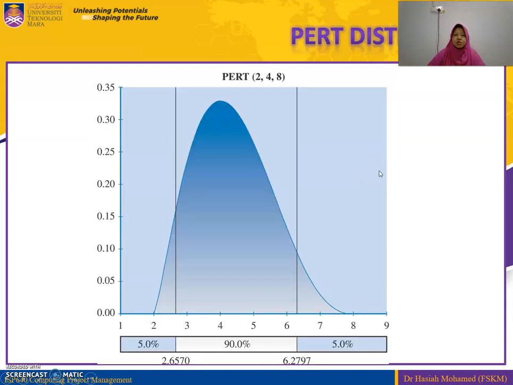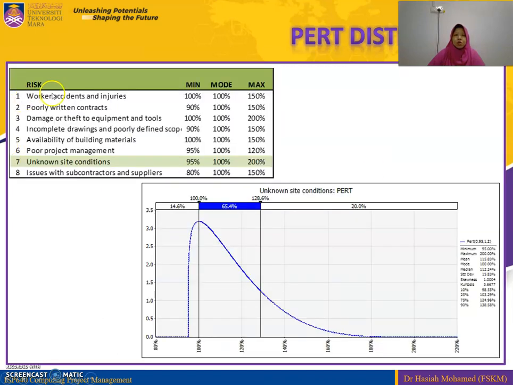This is an example of the calculation. We have the risk percent, the mean, mode, and maximum. When we do the graph, you can see the risk that we have.